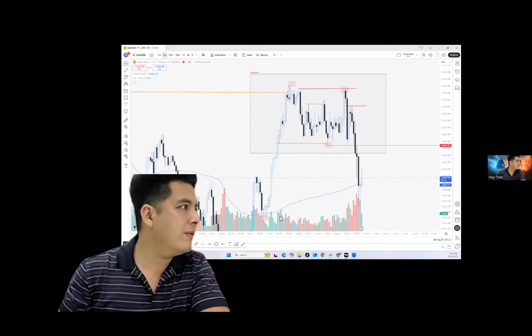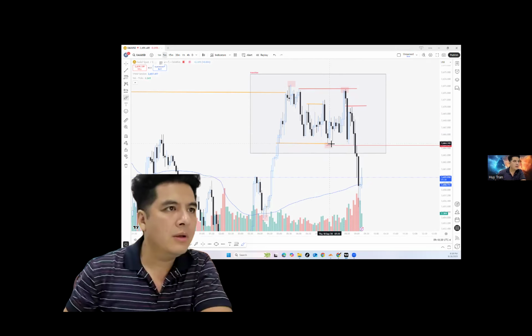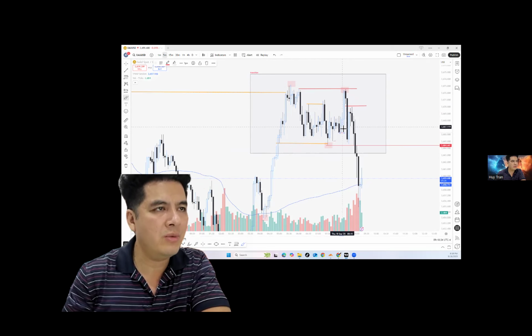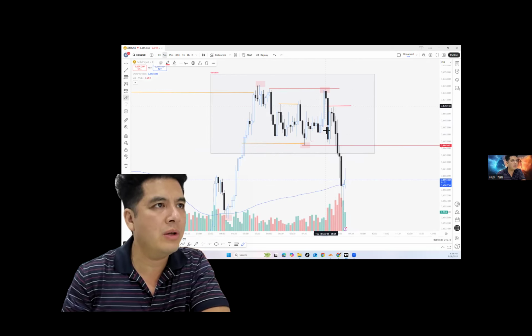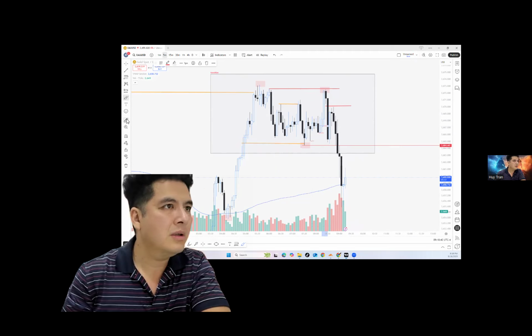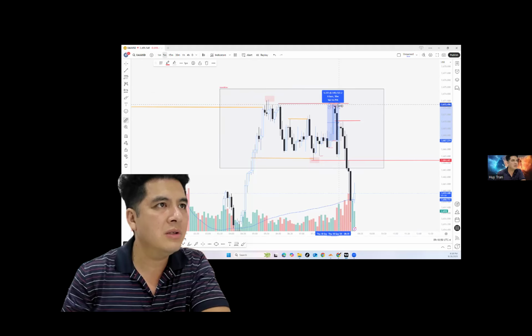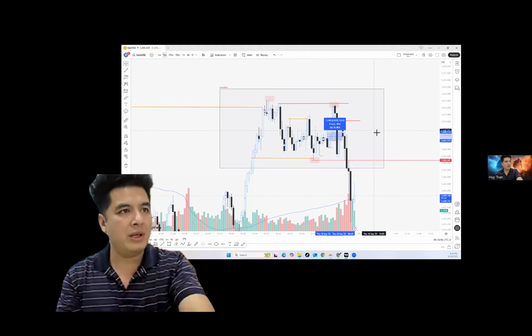When we look at order flow in this range, there's nothing within this range, so just leave it. We have to be very careful where we trade. I took a trade right here and it went up, but because it was only about 50 pips, it went down and took me out.